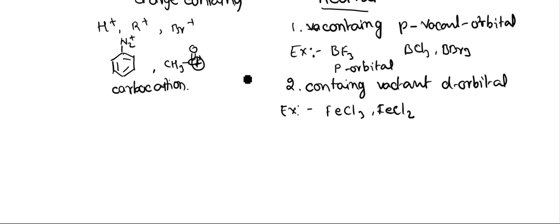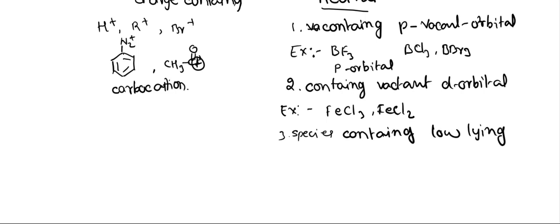And the third type, let us see. These are species having a low lying sigma star anti-bonding molecular orbital.